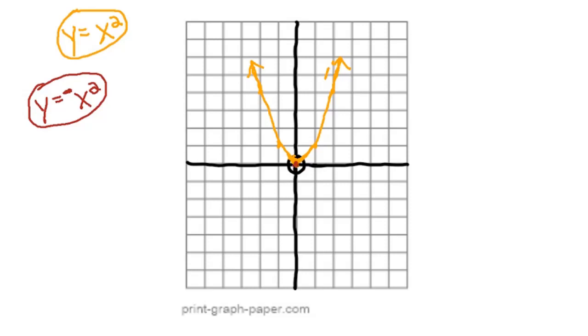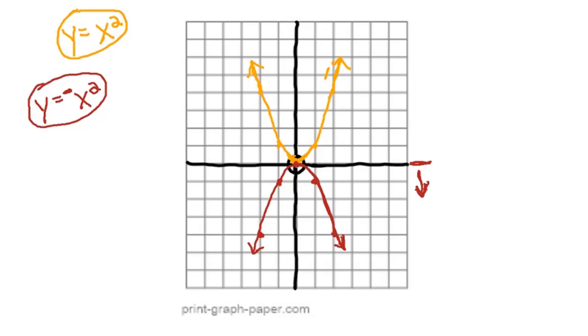So you're going to have a point here, a point here, a point here. You're going to have a frowny face, a mirror image of y equals x squared. So this is y equals negative x squared, this frowny face, this mirror image down, and you notice this is down below the line here. This is in the negative range for y.